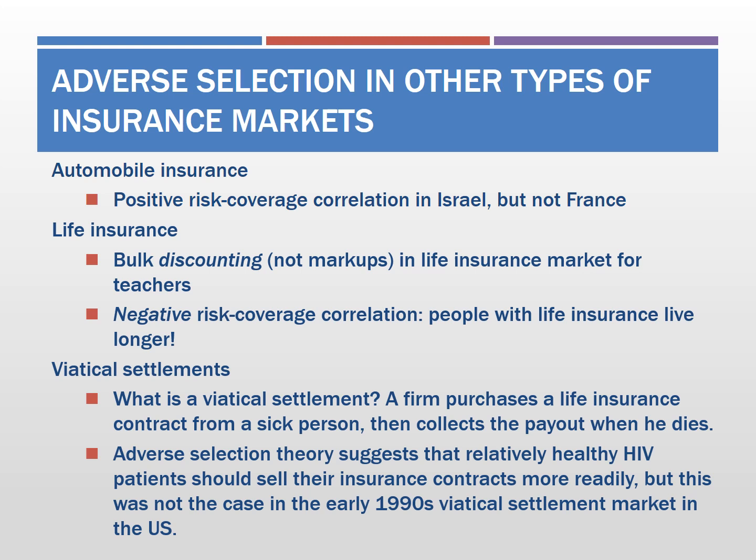Viatical settlements are basically another type of life insurance contract, where a firm purchases a life insurance contract from a sick person and then collects the payout when this person dies. Many people bought life insurance themselves, but later in life found out they have a sickness they cannot treat, like HIV patients.